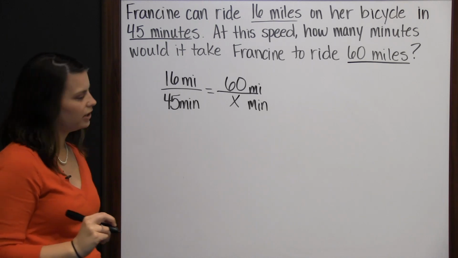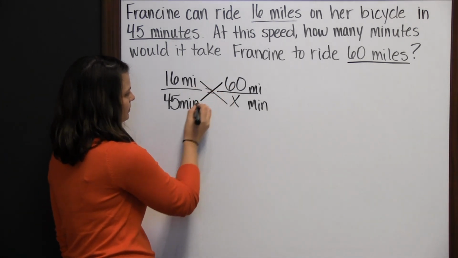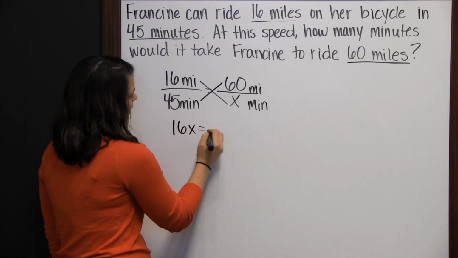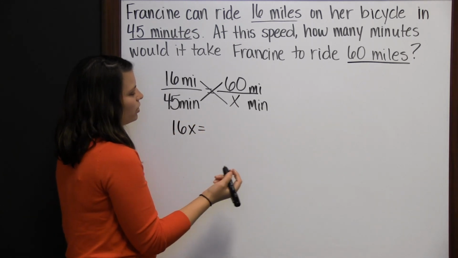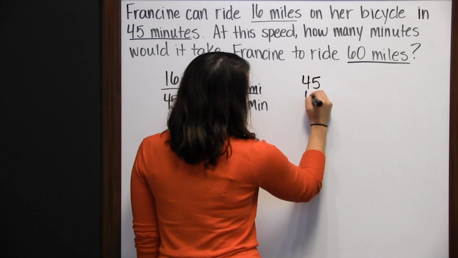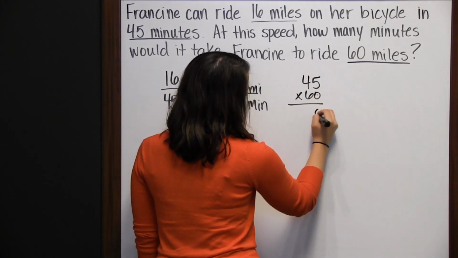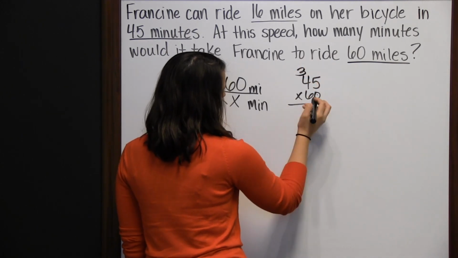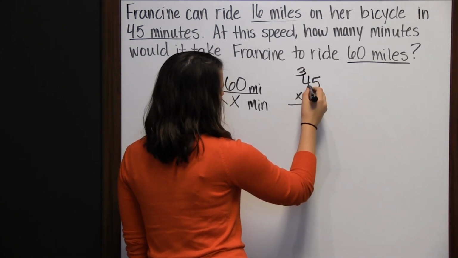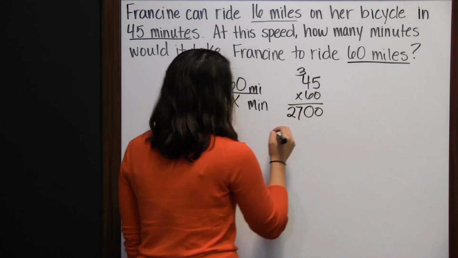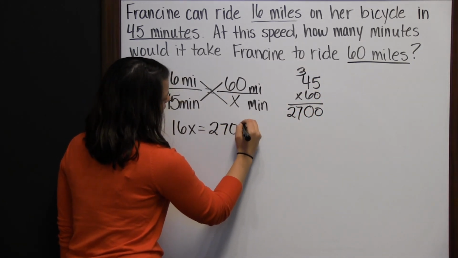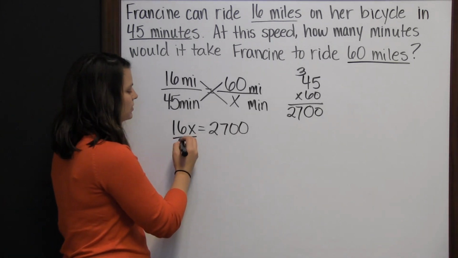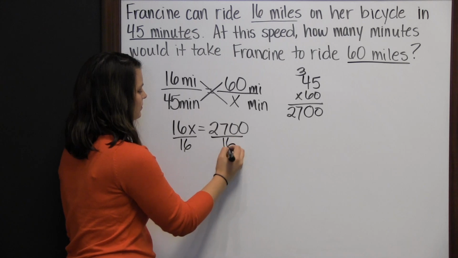To solve a proportion, we cross multiply. 16 times x is 16x, and that equals 60 times 45. 6 times 5 is 30, carry the 3. 6 times 4 is 24, plus 3 is 27. So 2,700.